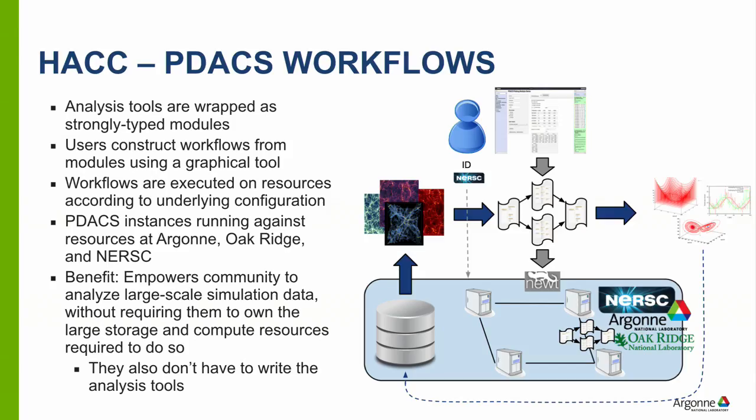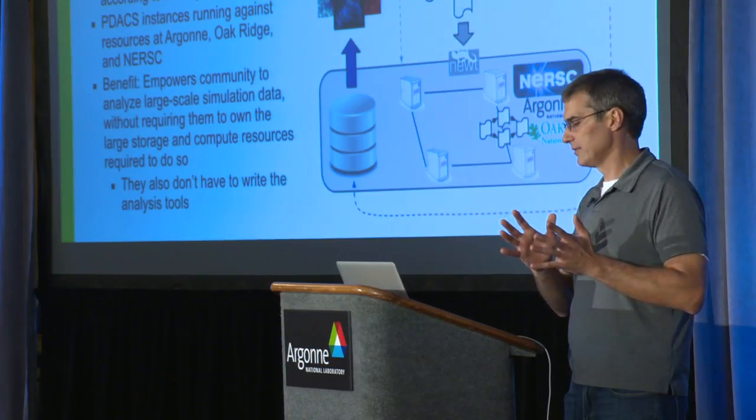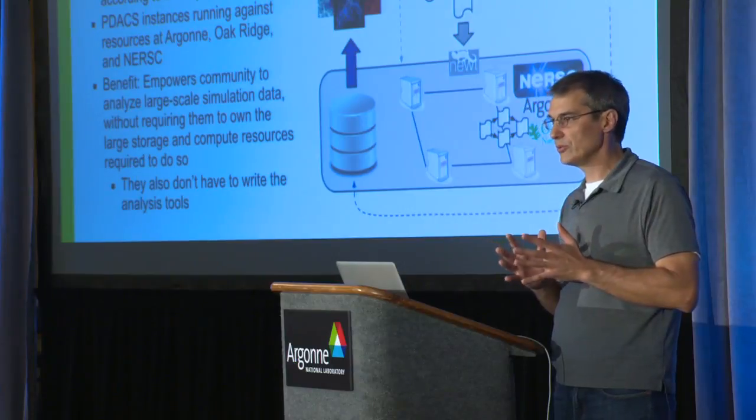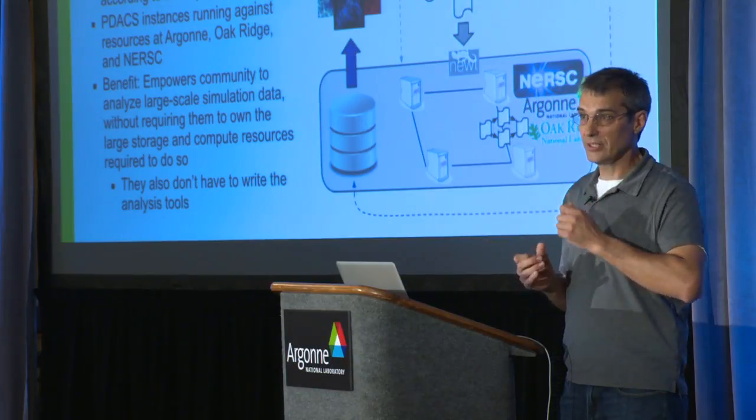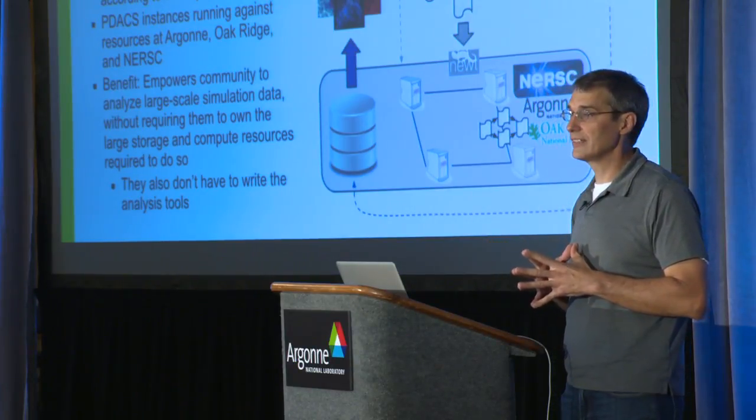The last box was talking about running workflows on the level 3 data. And in that case, this is maybe people outside of the main HACC team looking at the galaxy catalogs that were produced. And the way that we do that is through a tool called PDAX, which is actually based on Galaxy.